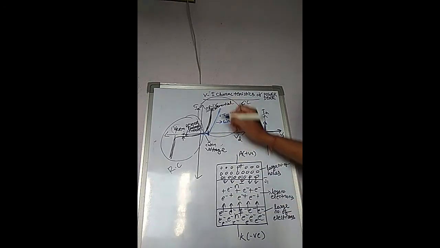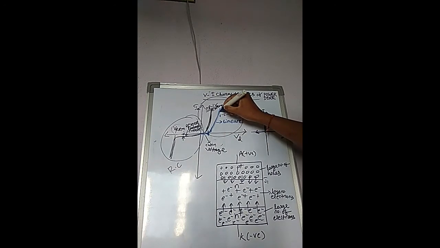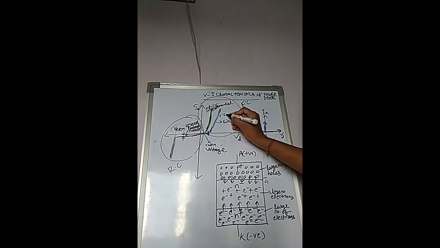Okay, so in the case of power diode the on state voltage drop is about 1.5 volt to 3 volt. I told you the voltage level for power diode is greater as compared to the signal diode. So in case of signal diode the on state voltage drop is from 0.8 volt to 1 volt, whereas the on state voltage drop in power diode is 1.5 volt to 3 volt.